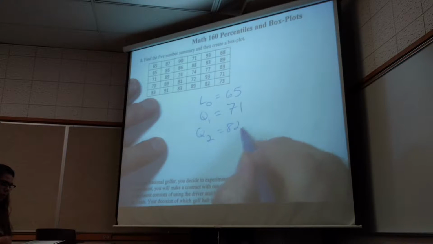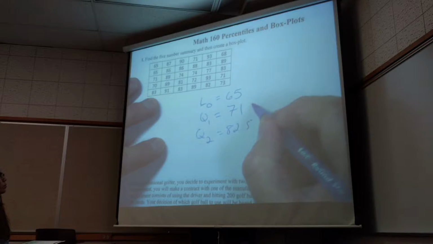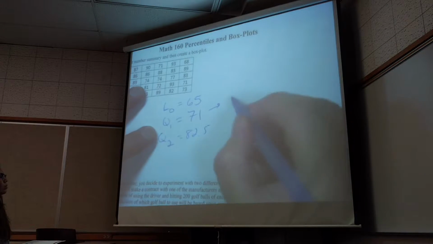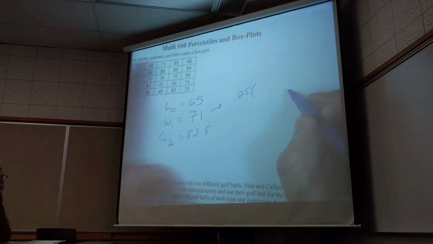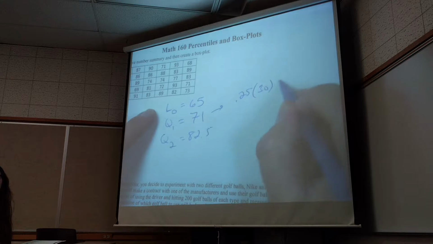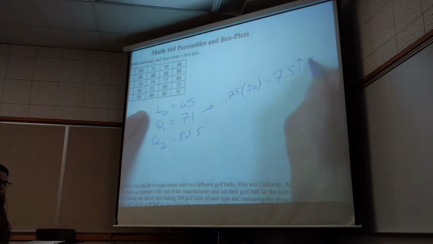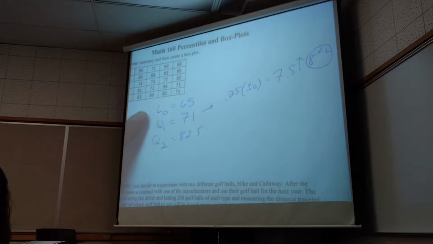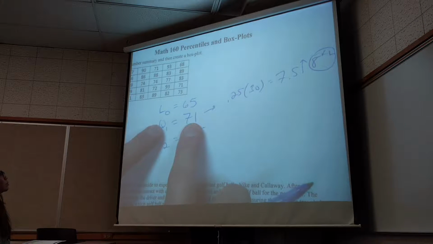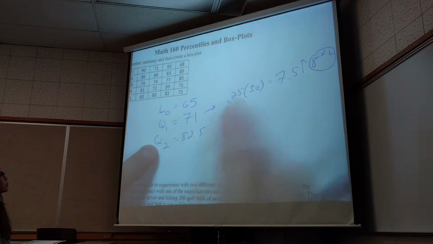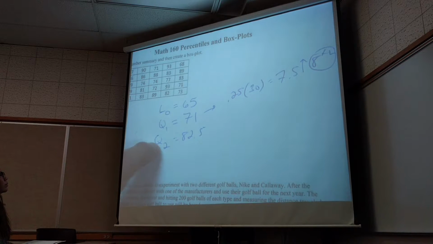And just to make sure you guys understand, for Q1 you did 0.25 times 30 and you got 7.5, so you took the eighth number, and the eighth number in order would be 71. For this one, you would take half of 30, which is a whole number, 15.